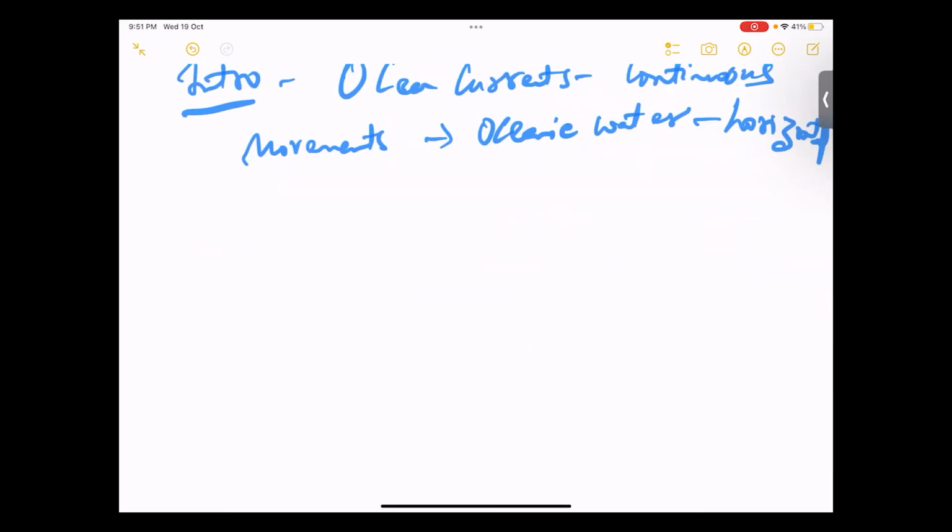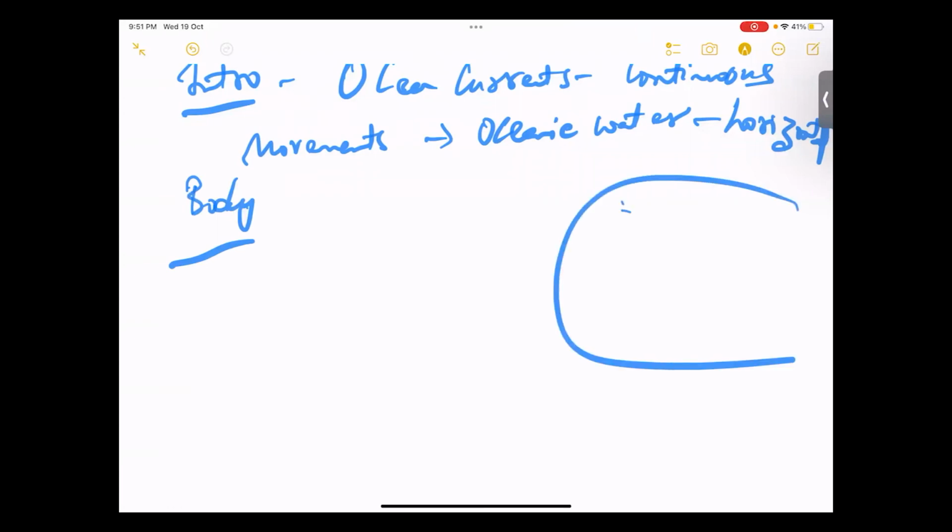So, coming to the body. Here, on the right hand side, you can simply draw North America, South America, Europe, and then the ocean currents, which are hot streams and cold streams.